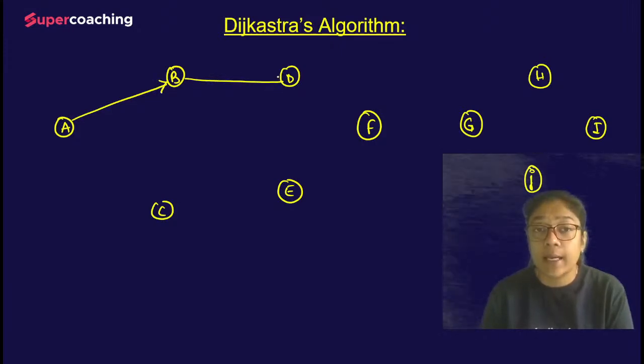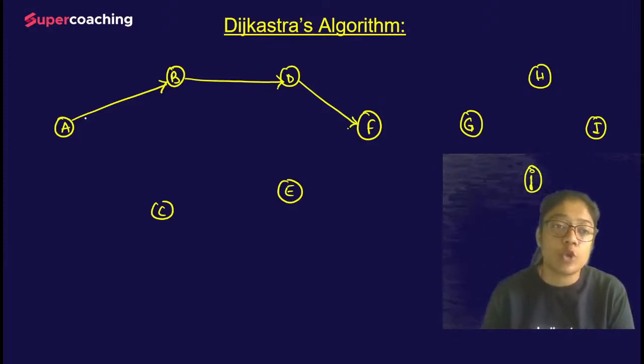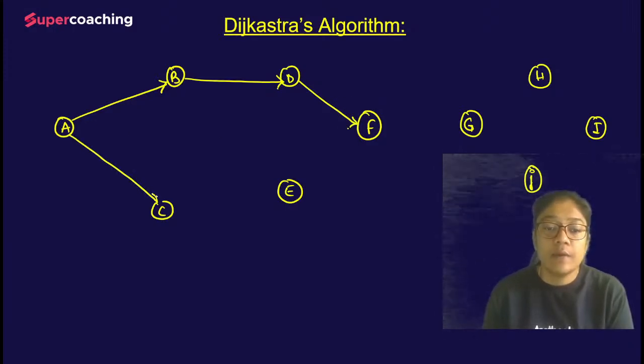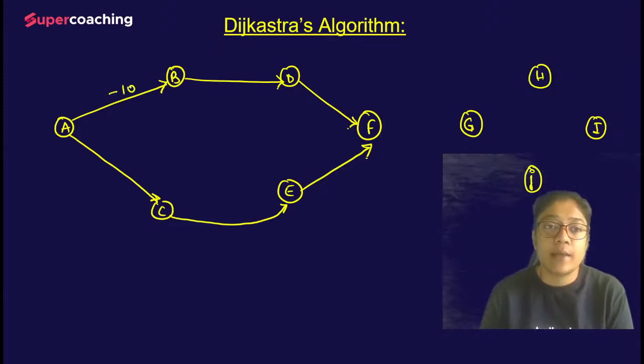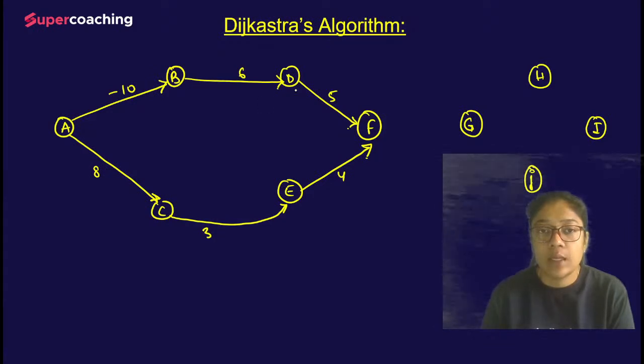Obviously it will be directed, because when we talk about a route, directed edges come, and because we have to find the shortest path, it will definitely have weights assigned as well. For example, this is -10, 6, 5, 3, 4, 8. Now here I'm taking the other edge.